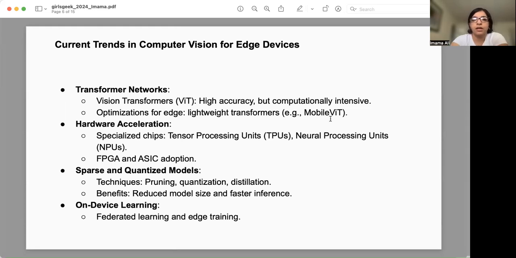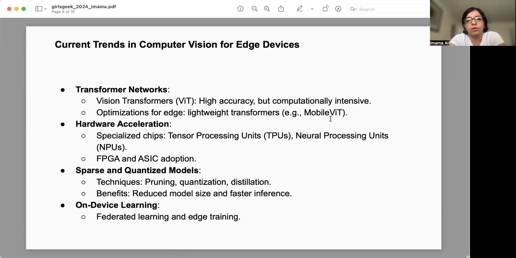The current trend for edge devices is that people are using transformer-based networks for high accuracy, and they are computationally intensive. There is a need to optimize the transformer-based networks to deploy on edge. Some versions are already available, like MobileViT, but they are only good for specific tasks.